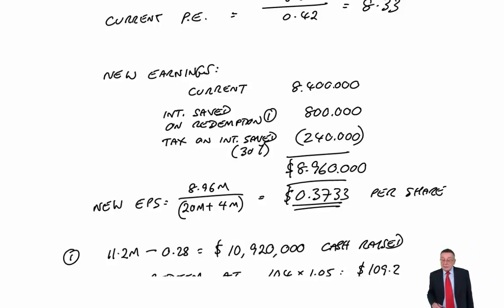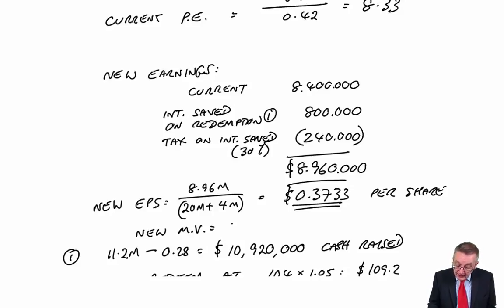And therefore, I haven't left quite enough space. But if that's the earnings per share, and if the P/E ratio isn't changing, the new market value per share is the P/E ratio 8.33 times the earnings per share.